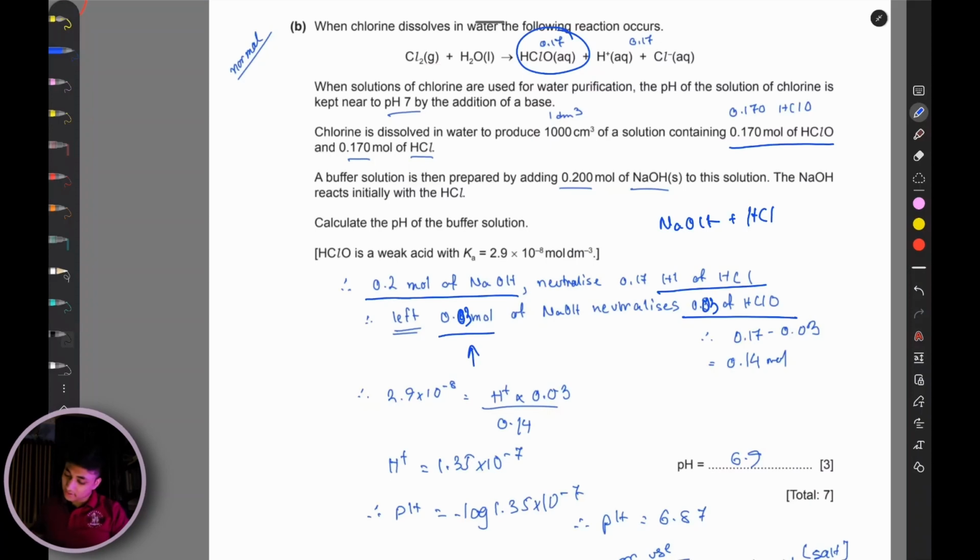So now you're left with 0.14 moles of your HClO acid.